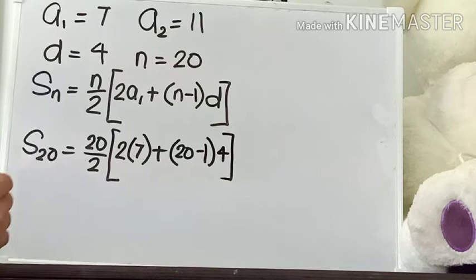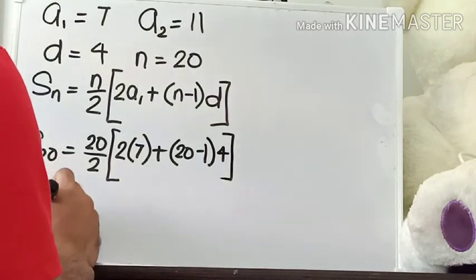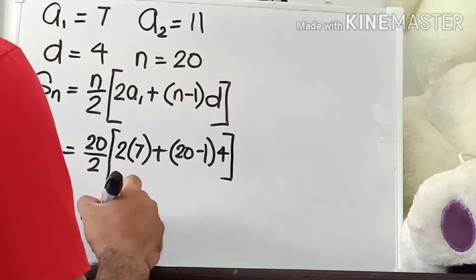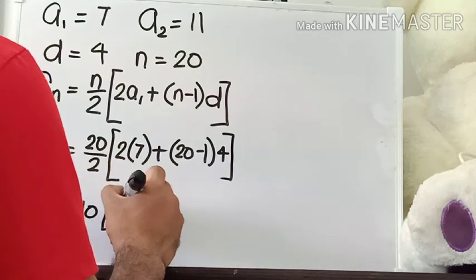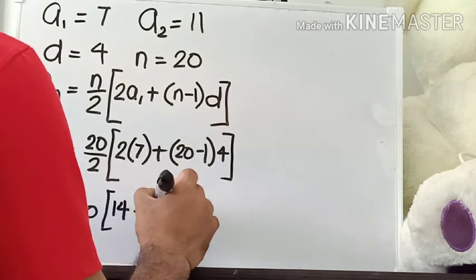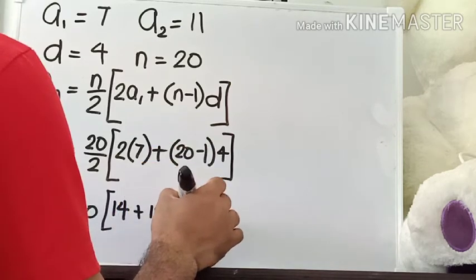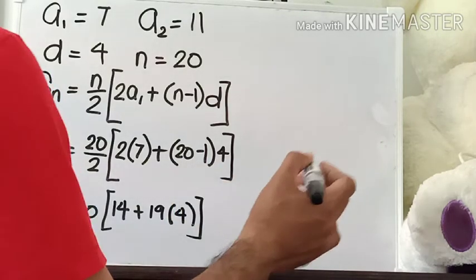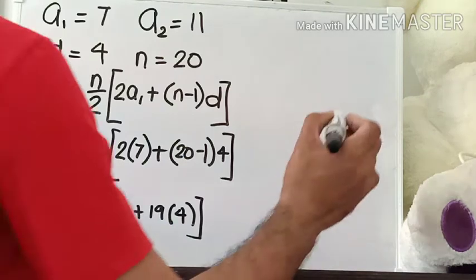Now we can simplify this as 20 divided by 2 is 10 times 2 times 7 is 14 plus 20 minus 1 is 19 times 4. Then simplify inside the bracket.